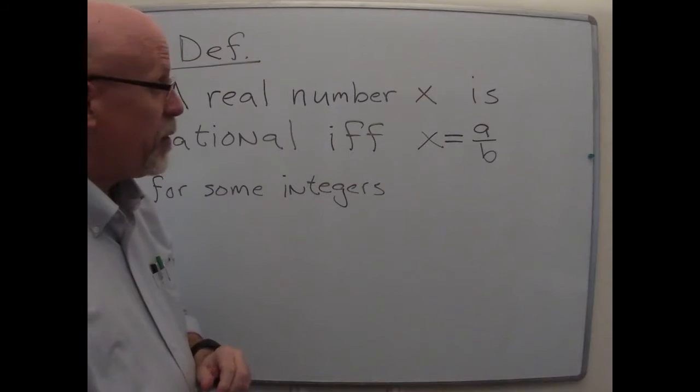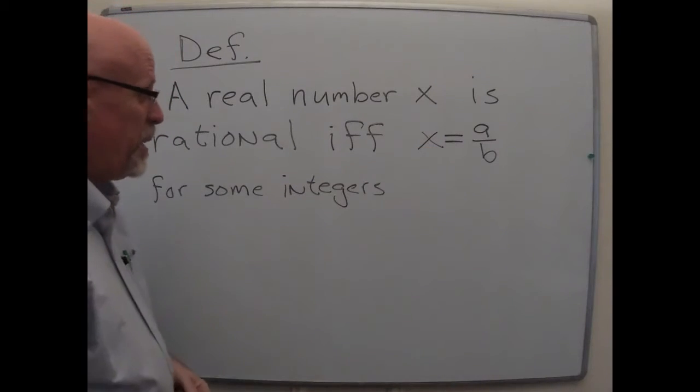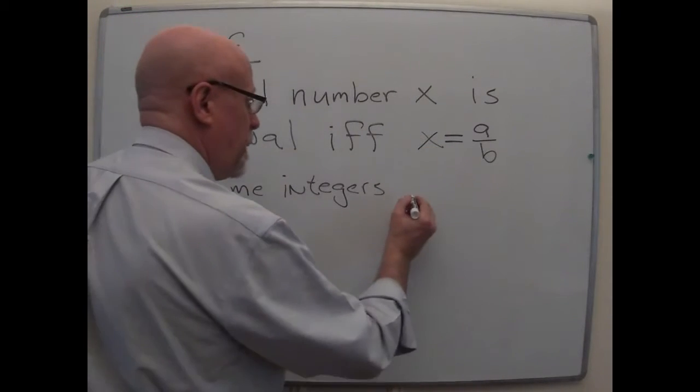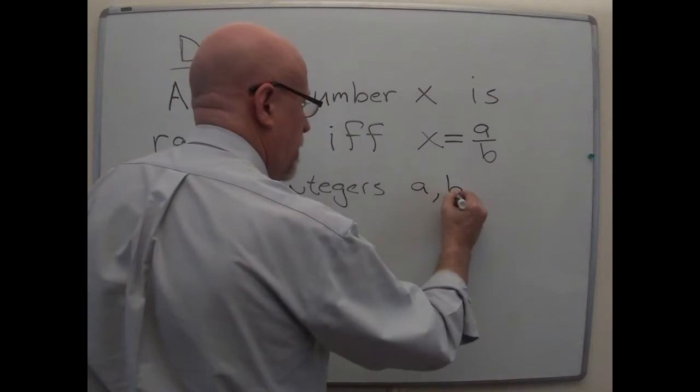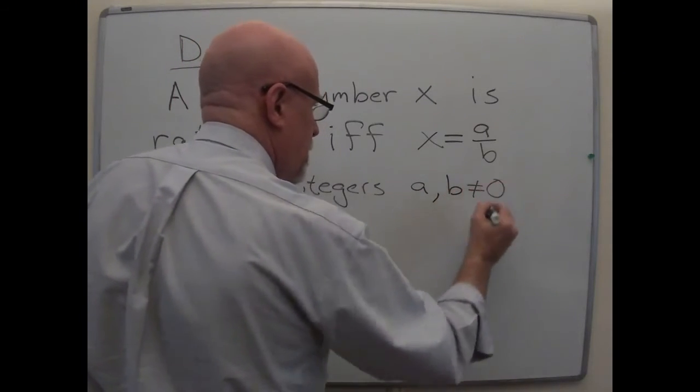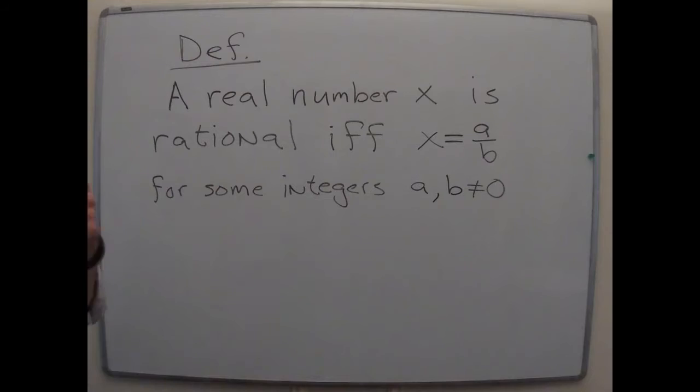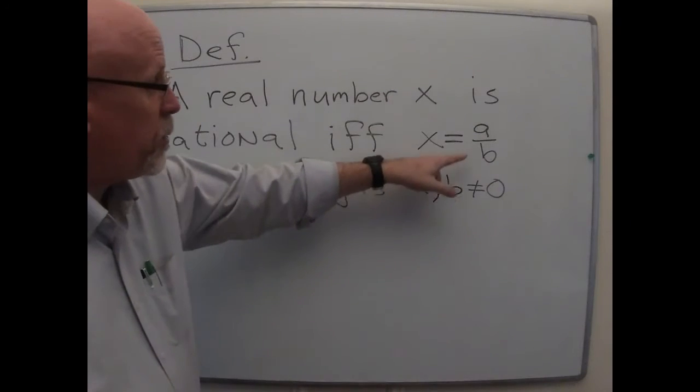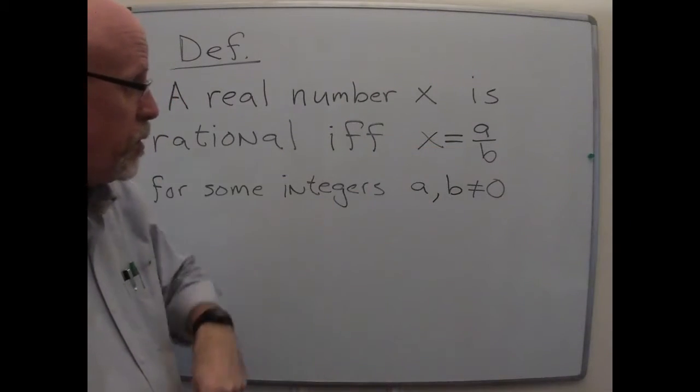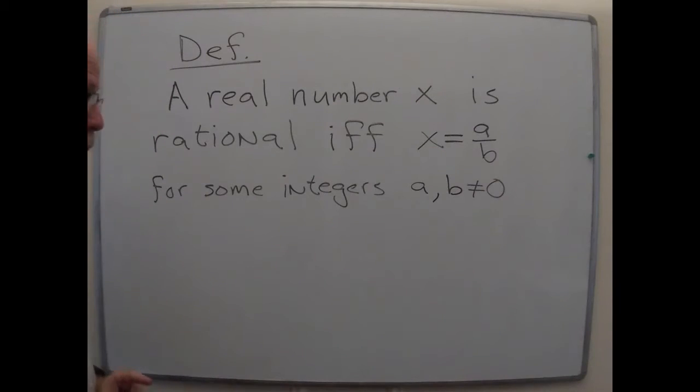You know how you can't divide by zero? Right? b there can't be zero. a could be zero. So for instance, if a was 0 and b was anything else, we'd have 0 over something, and that would show that x was a rational number.